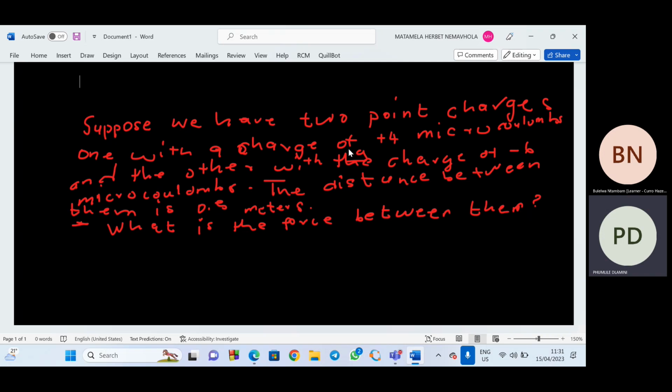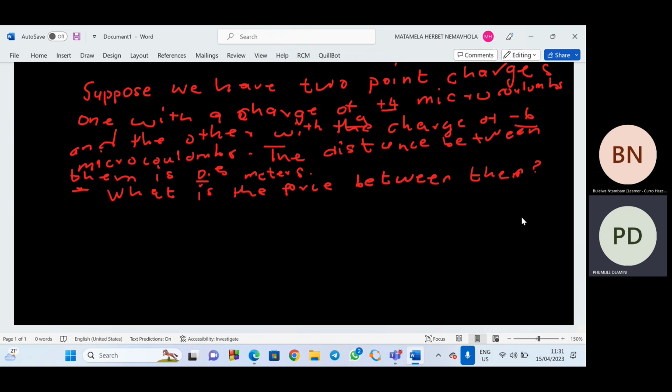It reads as follows. Suppose we have two point charges, one with a charge of +4 microcoulombs, and the other with a charge of -6 microcoulombs. The distance between them is 0.5 meters.